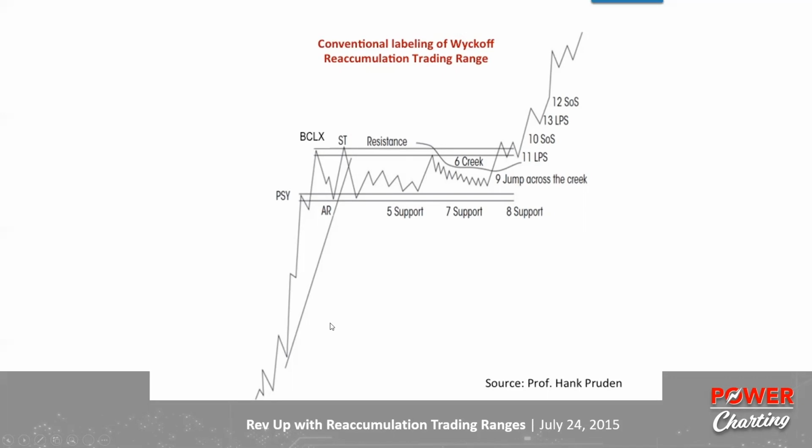What happens in reaccumulations, which is a very, very powerful Wyckoff concept, is that you have a really sharp uptrend that is ultimately climaxed and then goes into a range-bound condition with a buying climax, automatic reaction, range-bound condition, where stock goes from weak hands, traders who are very short-term oriented, who will shake out their long positions, and this stock will be absorbed by the longer-term composite operator oriented participants in the market.